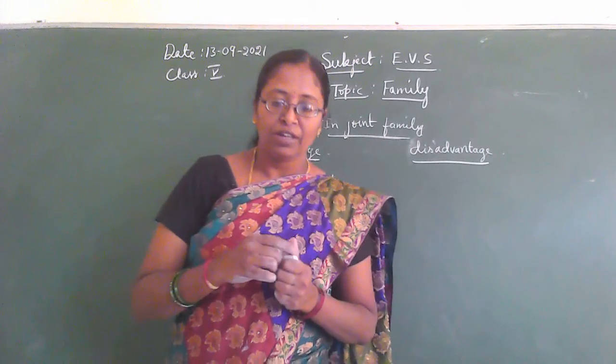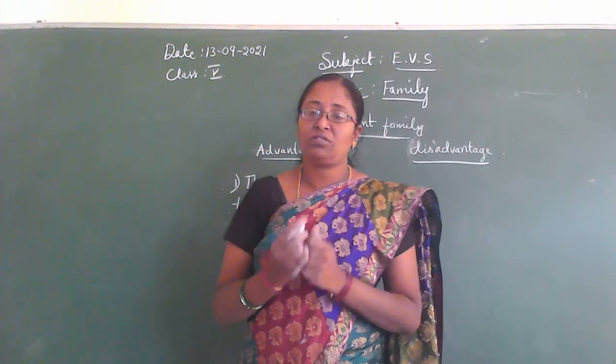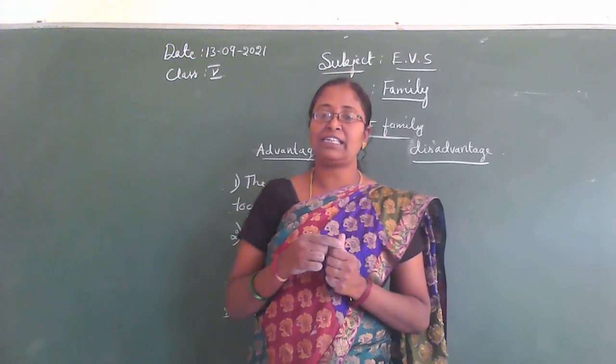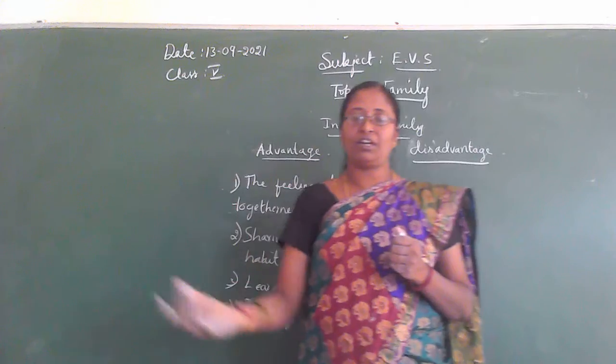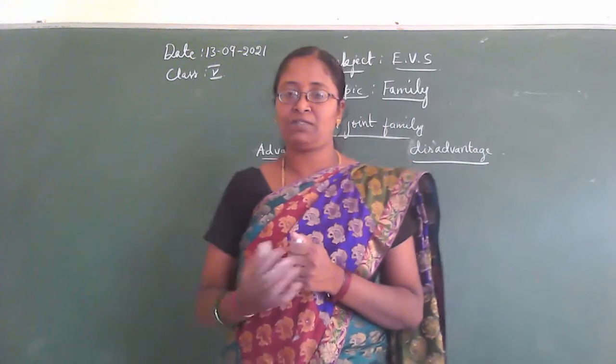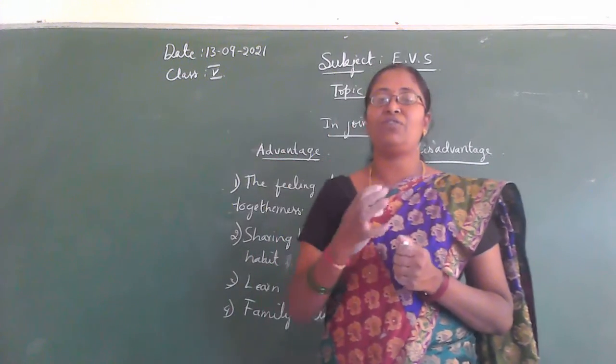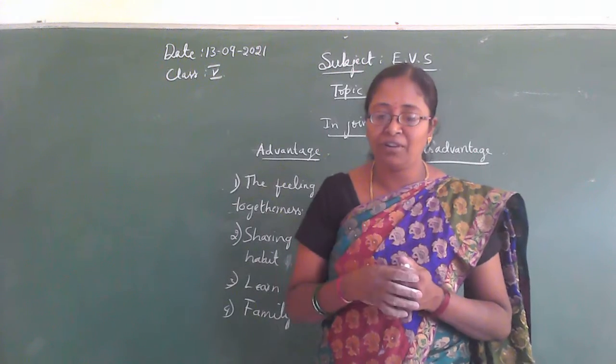Then it improves the social skills. What is the meaning of that? If you are going outside, how to behave with others, we will learn in our family if you are living in a joint family.